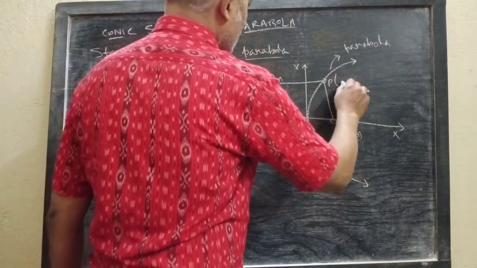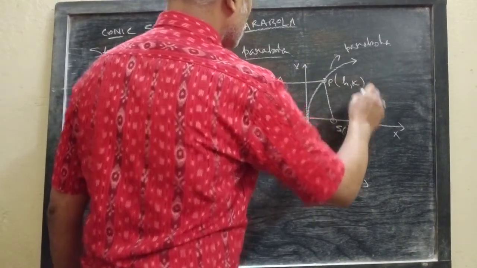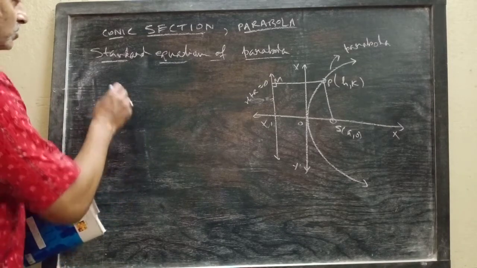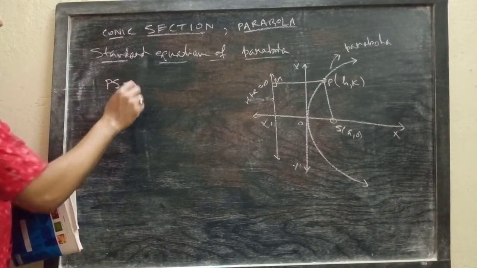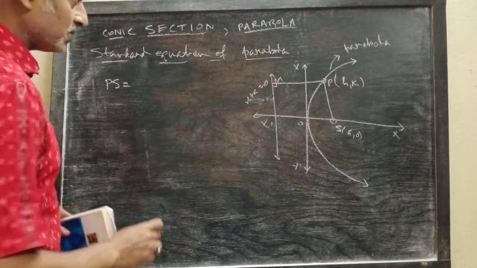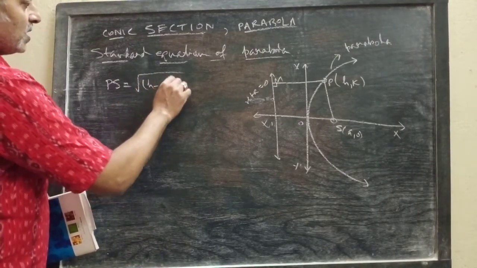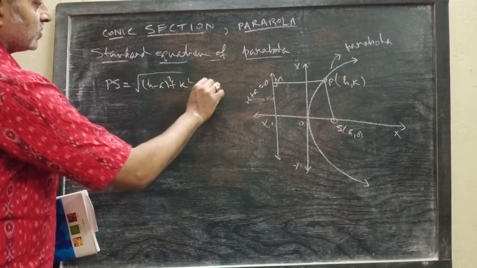Suppose at any position the coordinate of the point P be h, k. Now PS, that is distance of the point P from the focus S, will be root over of h minus a whole square plus k square units.